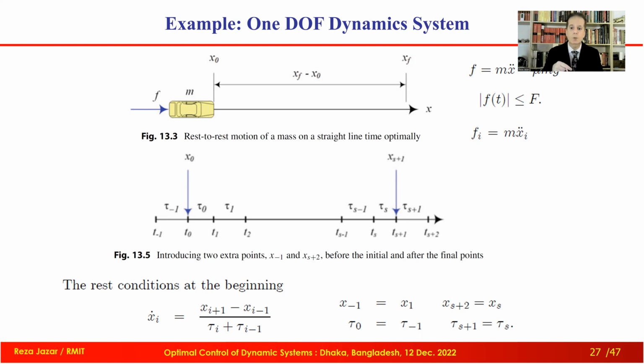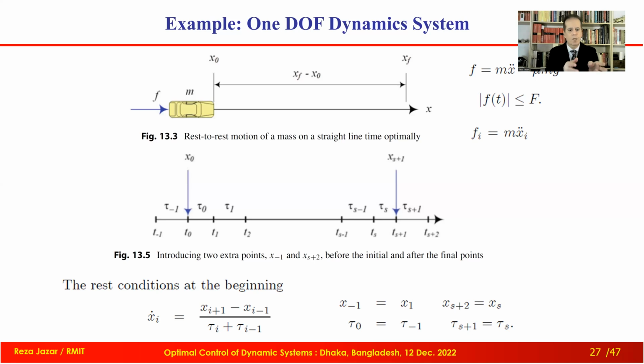Also, because we are going to solve for minimum time, whatever is tau 0, tau minus 1 must be equal to tau 0. If tau 0 is minimum, x1 and x minus 1 are equal, so tau minus 1 is also equal to tau 0. So these are the information to start the algorithm.